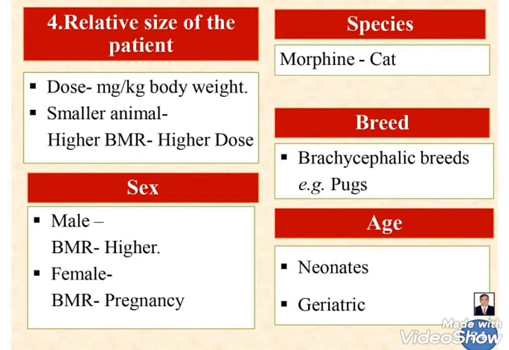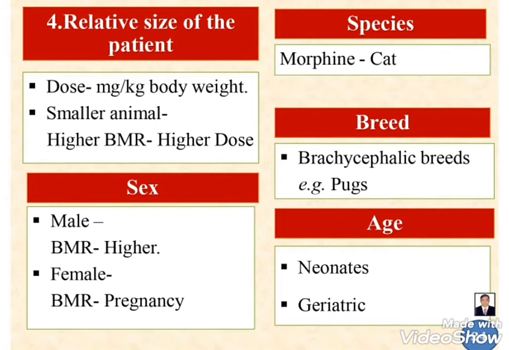But in pregnant females, the BMR is also higher due to the metabolic activity of the fetus, so they require a higher dose compared to non-pregnant females. And in female animals, particularly pregnant animals, a higher dose is required because the BMR is higher due to fetal activity.